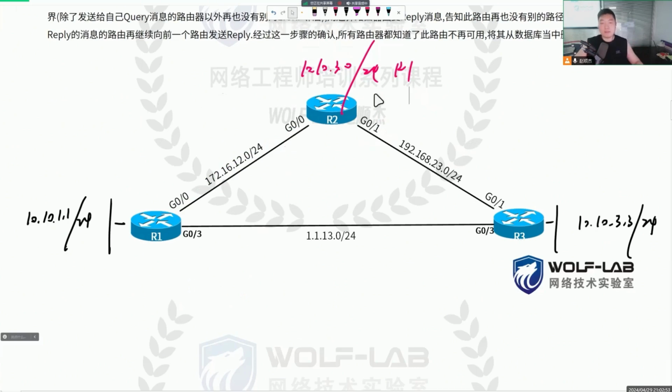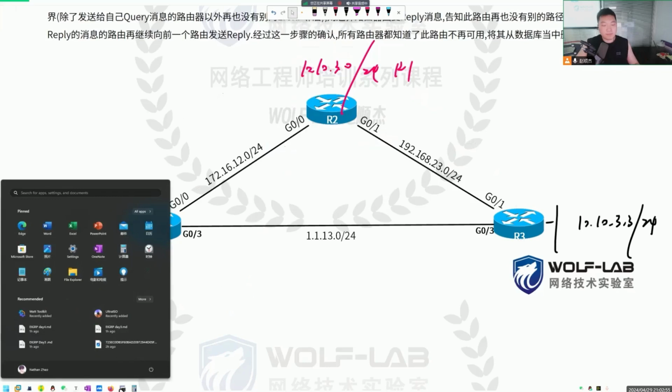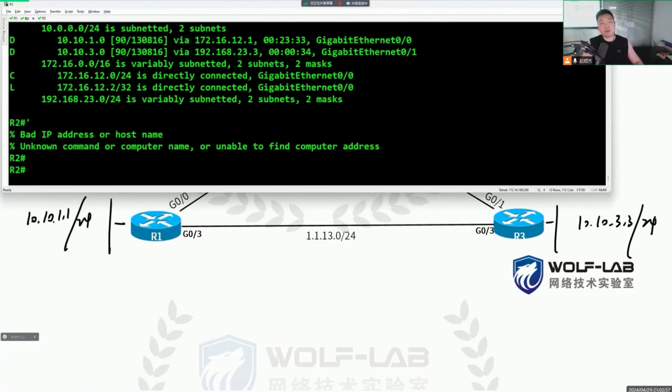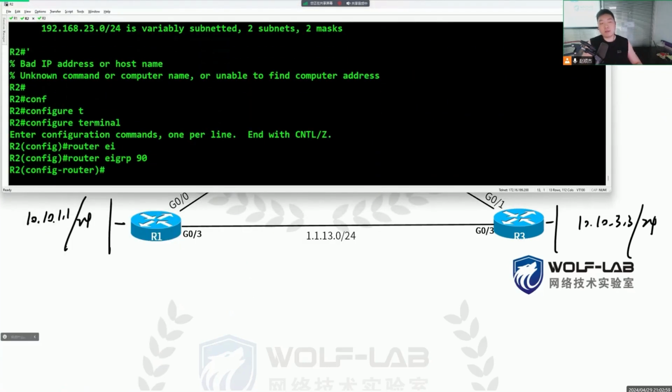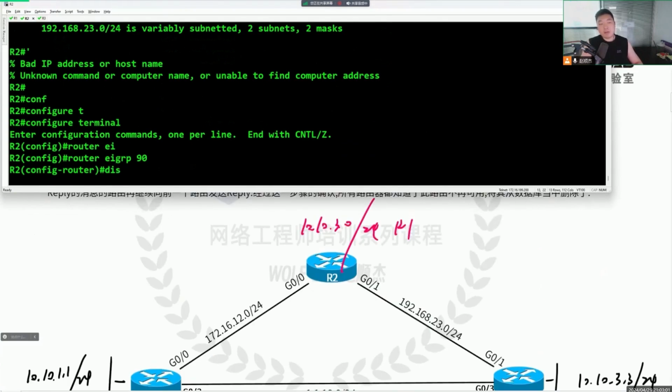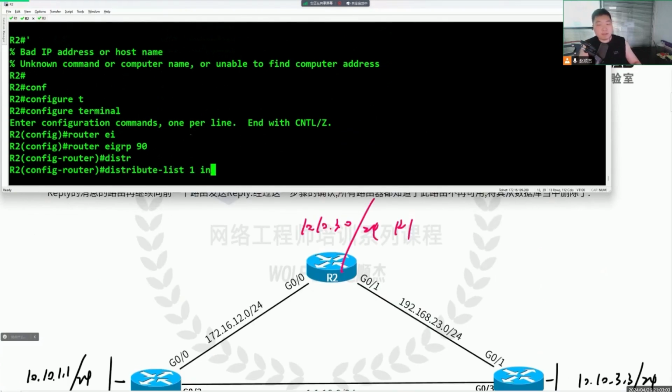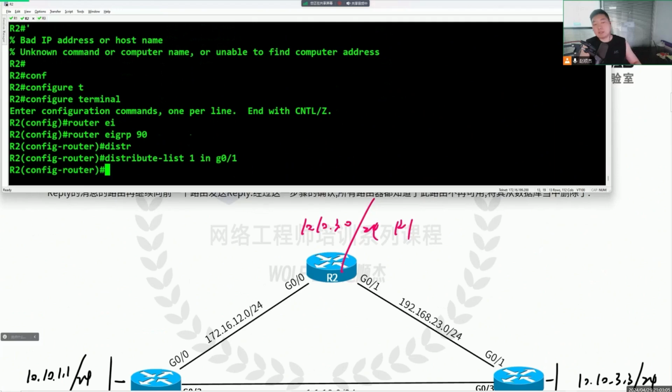We let go of routing entries received from the 0/0 interface. In this way, R2 will receive from R1 the 10.10.3.0 route announced to us. We point to R1 on R3. We let go again, no access-list 123.